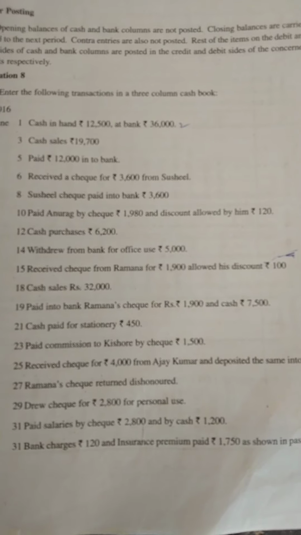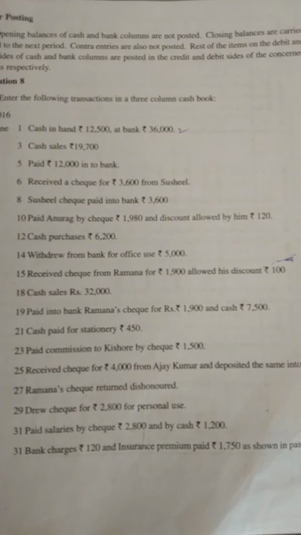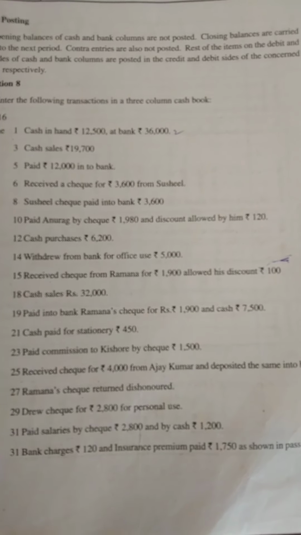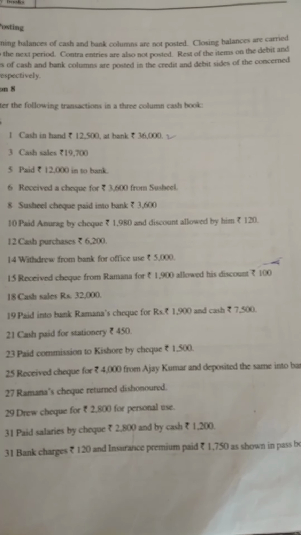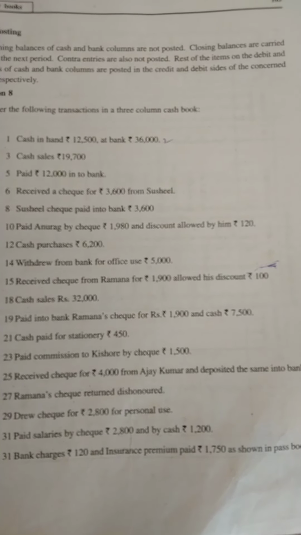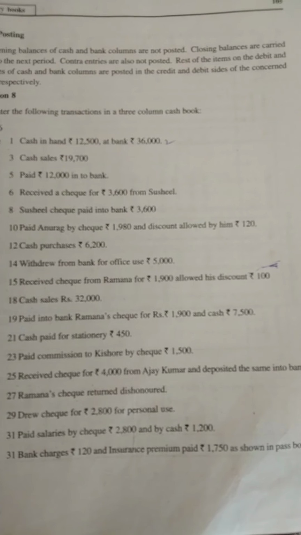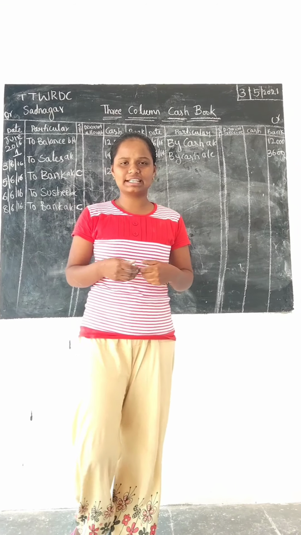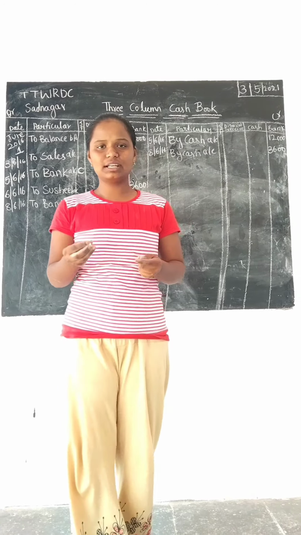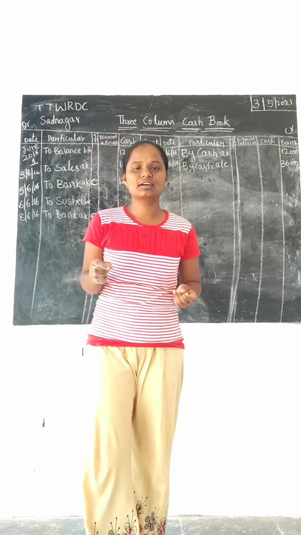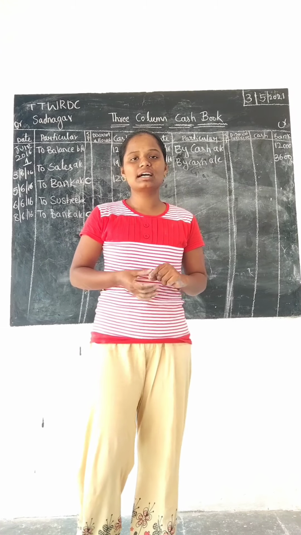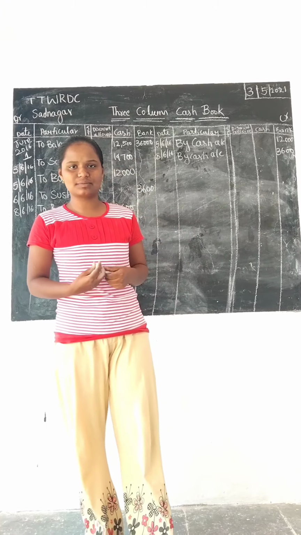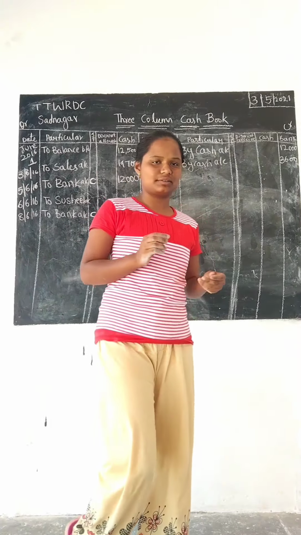On day 10, paid Anurag by check rupees 1,980 and discount allowed by him rupees 120. On day 10, Anurag is paying us the check, 1,980 rupees, and discount is also allowed to us. The amount is 120.